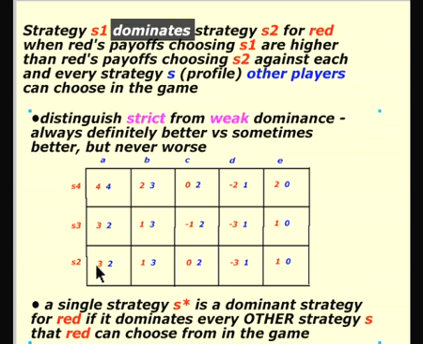Now S2 is the same as S3 except right here. And here, S2 has the same payoff as S4 if the other player, blue, plays C. So S4 is better than S2 here, it's better than S2 there, but it's the same as S2 there. It's not worse, it's the same.